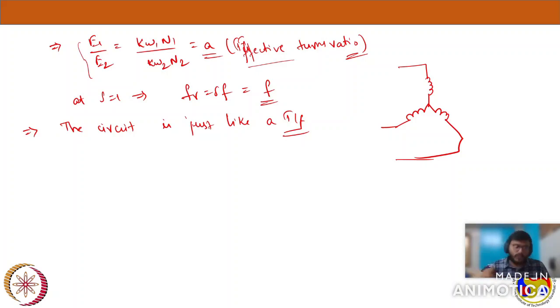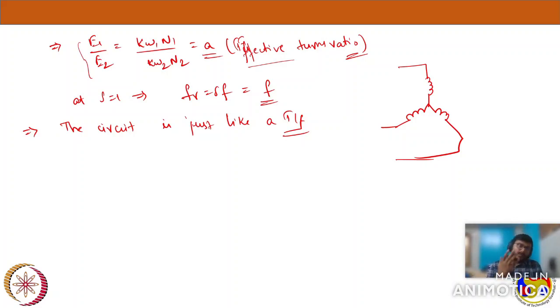The frequency on both primary and secondary side is the same, that is the supply frequency F, and the voltages induced in rotor and stator, E1 and E2, if you take the ratio, give a turns ratio. We get this behavior only in a transformer, right? So that's why we say whenever slip equals 1, the circuit is just like a transformer.